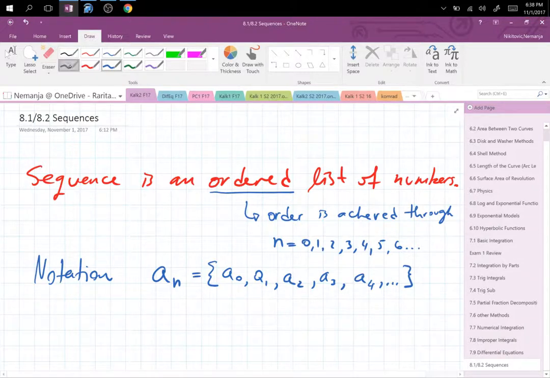As an example, I can say that a_n is equal to 3n minus 1.